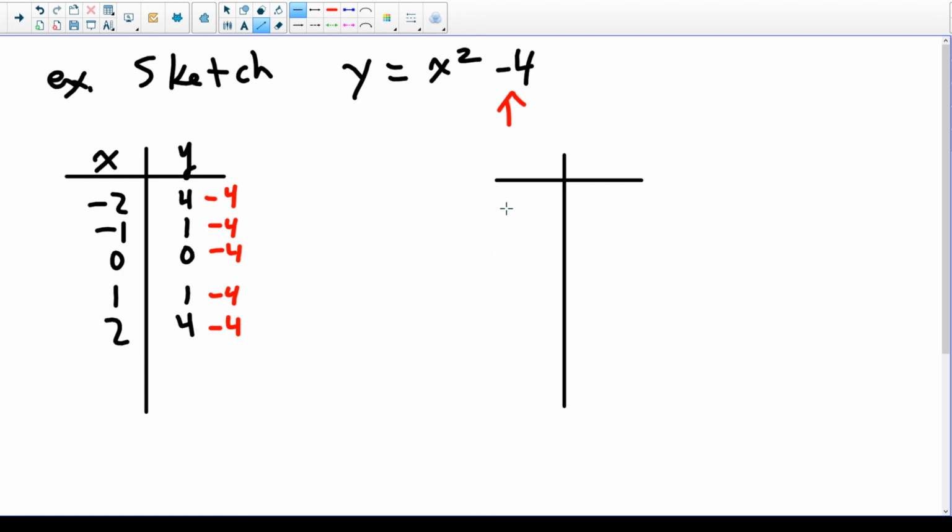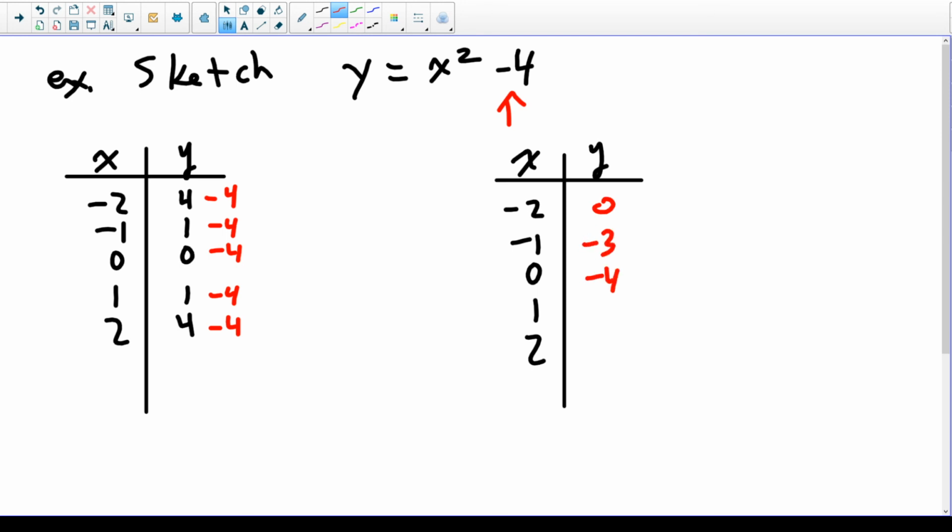So we've got our new x and y: x is -2, -1, 0, 1, 2. Those x values don't change, but our y values are going to be 0, -3, -4, -3, and 0.